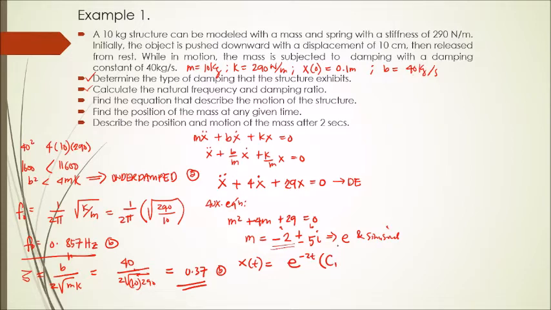Remember the standard form of kining general solution if our roots are in ani, no? C1 cosine 5t plus C2 sine 5t. So this is our general solution. Yan.